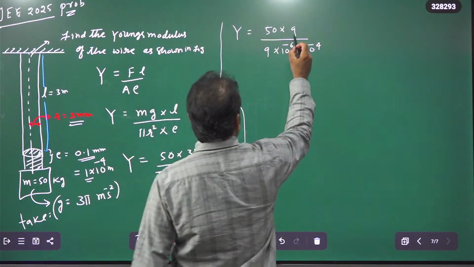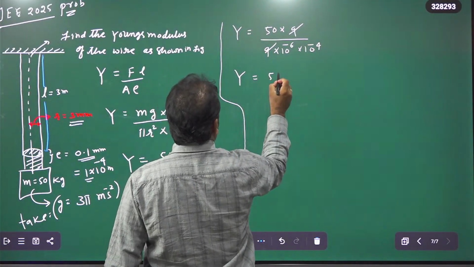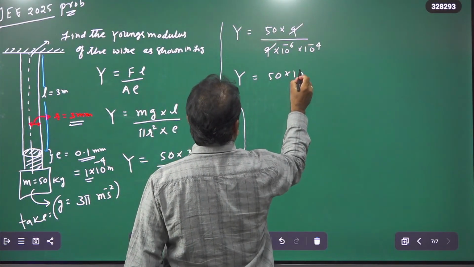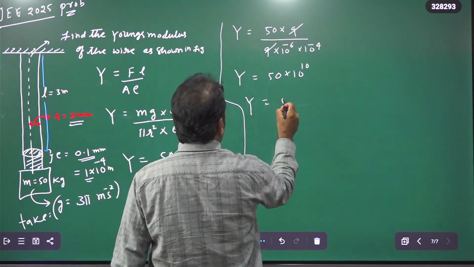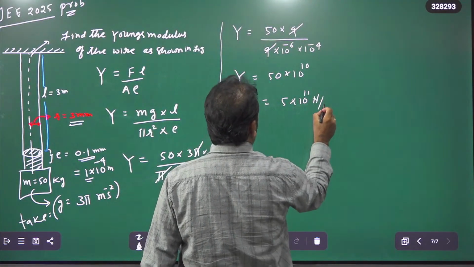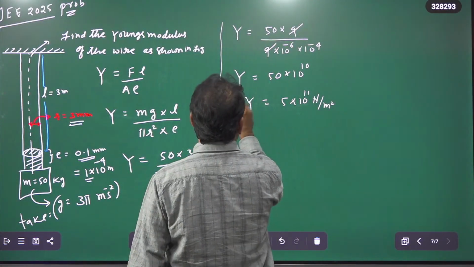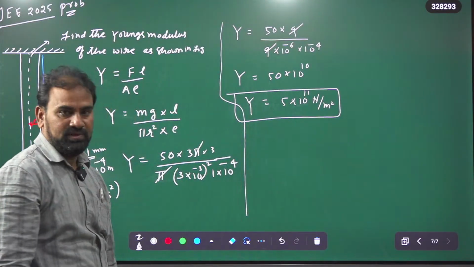Here 9 also gets cancelled. That is Y is equal to 50 into 10 to the power of 10, that is Y is equal to 5 into 10 to the power of 11 Newton per meter square. This question was asked in 2025 JEE.